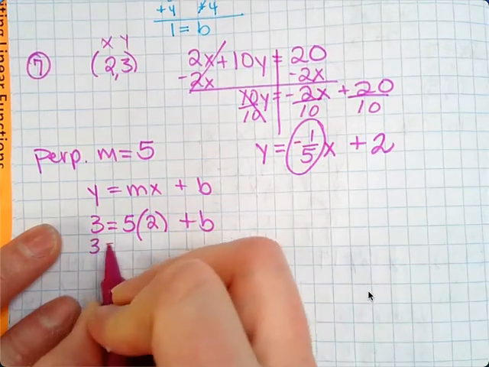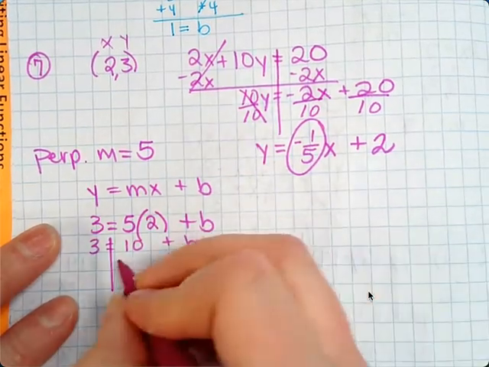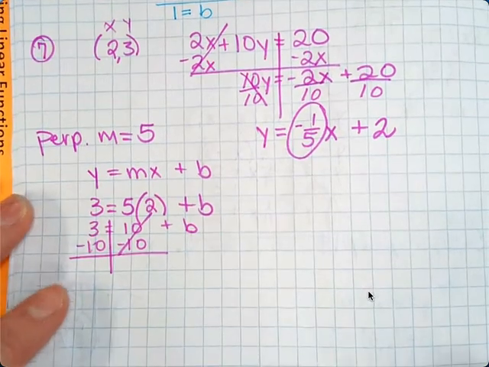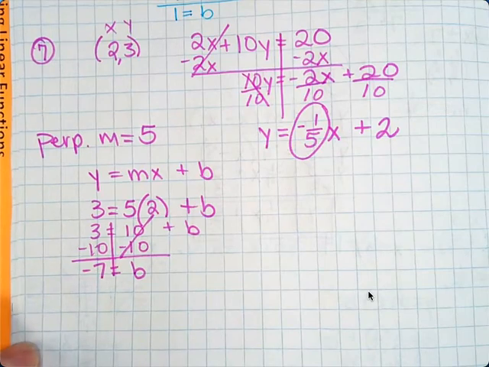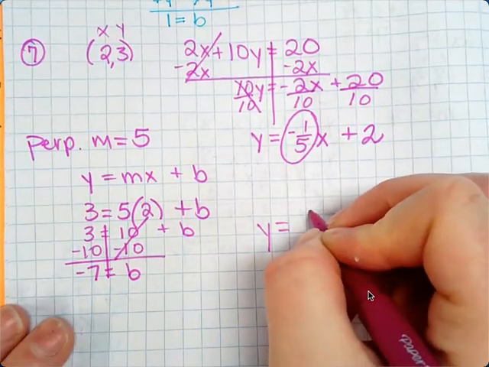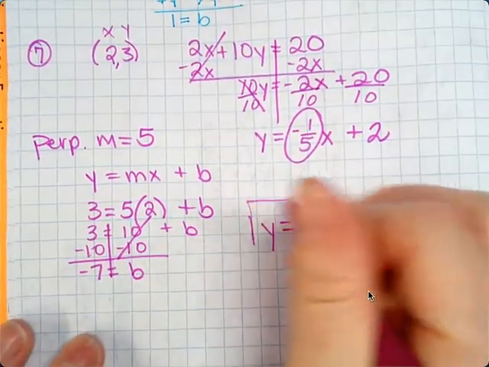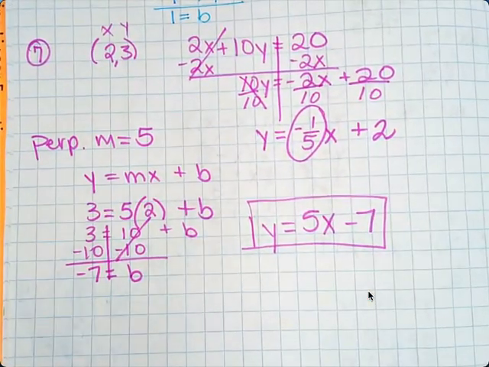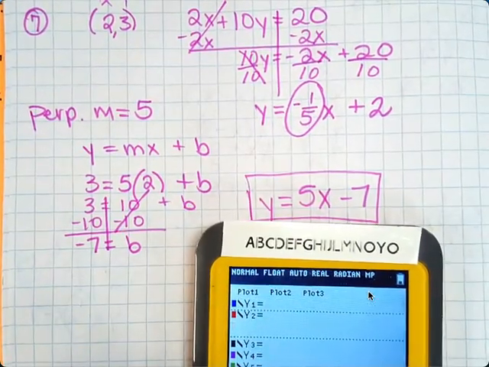So 3 equals 5 times 2, which is 10, plus b. Subtract 10 on both sides. 3 minus 10 is negative 7, equals b. So our new equation, the one that's perpendicular, is y equals 5x minus 7. This one was the original, and this is the one that's perpendicular to it. So go to y equals and plug these in.